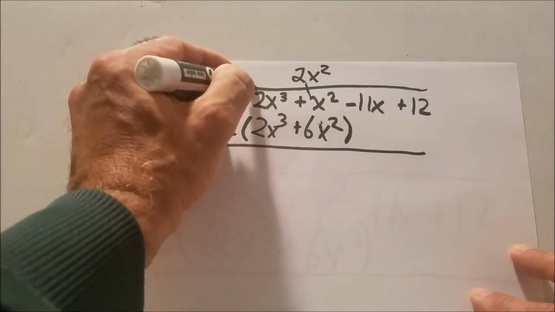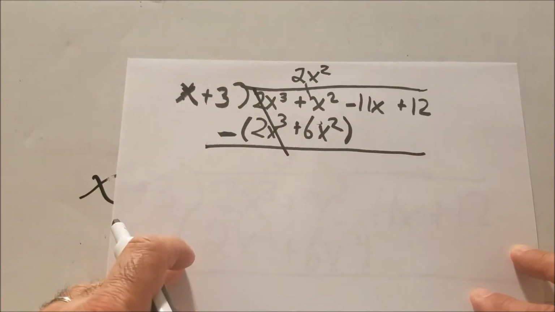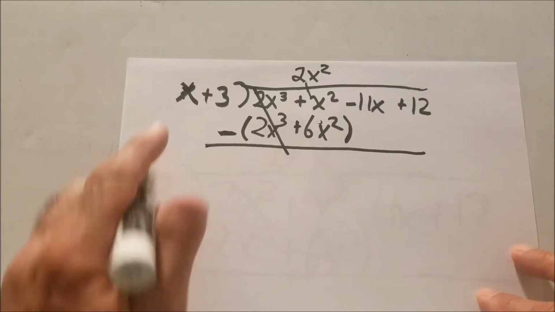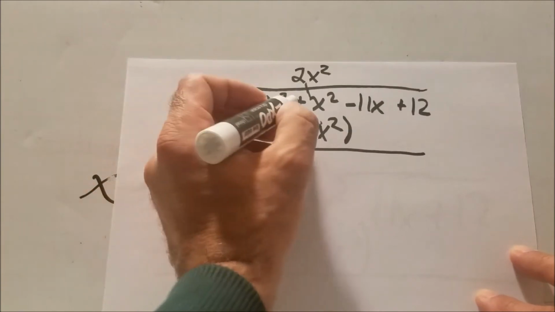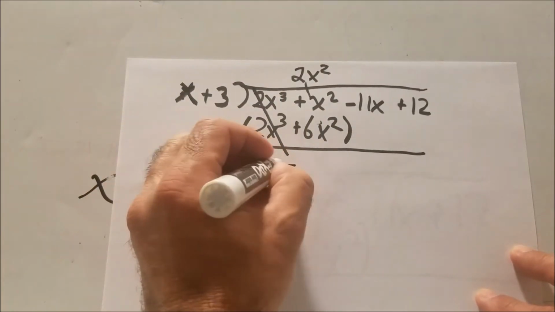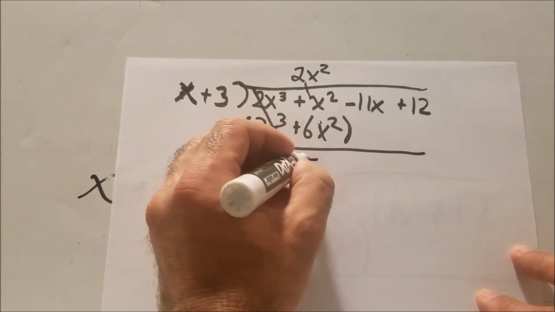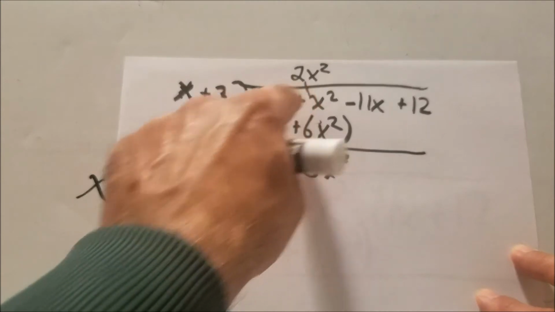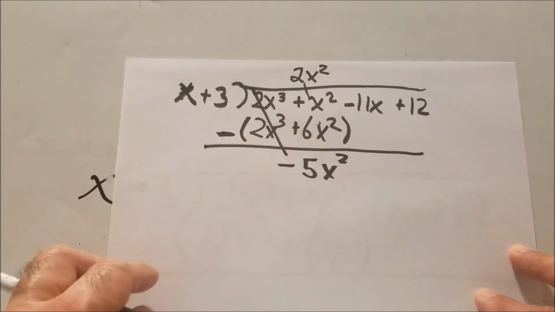Now these will cancel out. 2x cubed minus 2x cubed cancels out. And x squared plus 6x squared, but remember it's a minus, so x squared minus 6x squared is going to give us a negative 5x squared. Just think of 1 minus 6.